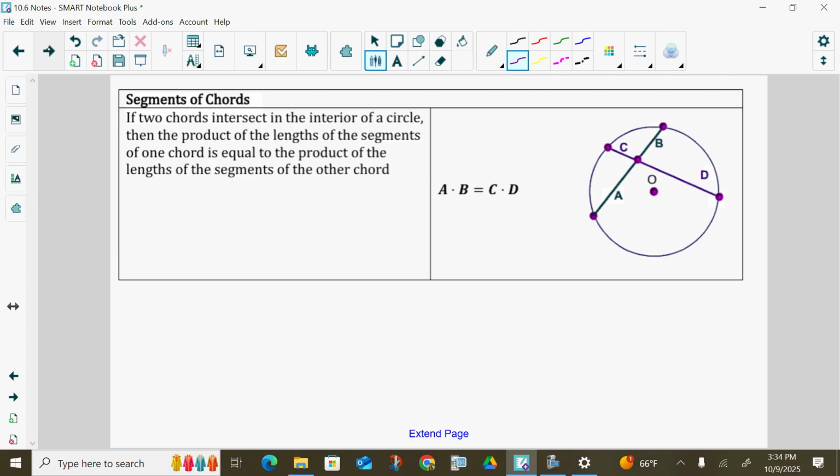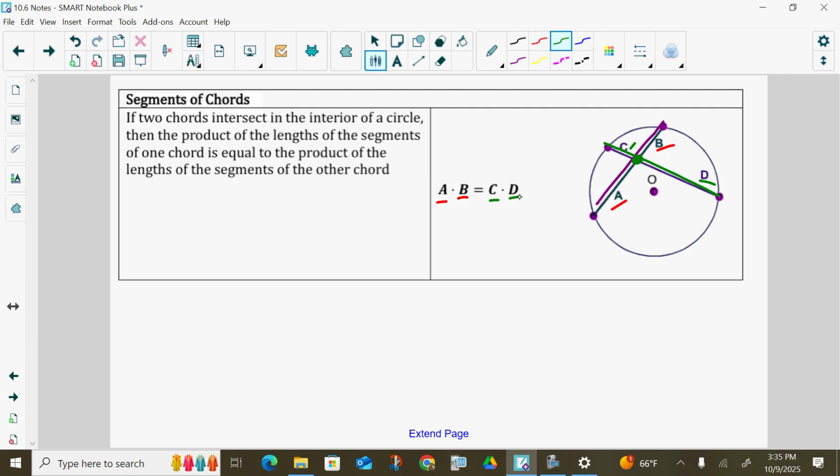So basically what that means is when we have a chord, like we have this chord right here, it's split up into A and B. And then we have another chord that intersects it within the circle, and it's separated into C and D. So we take our first chord, and we multiply those two segment lengths together, that should equal the segment lengths of the second chord multiplied together.